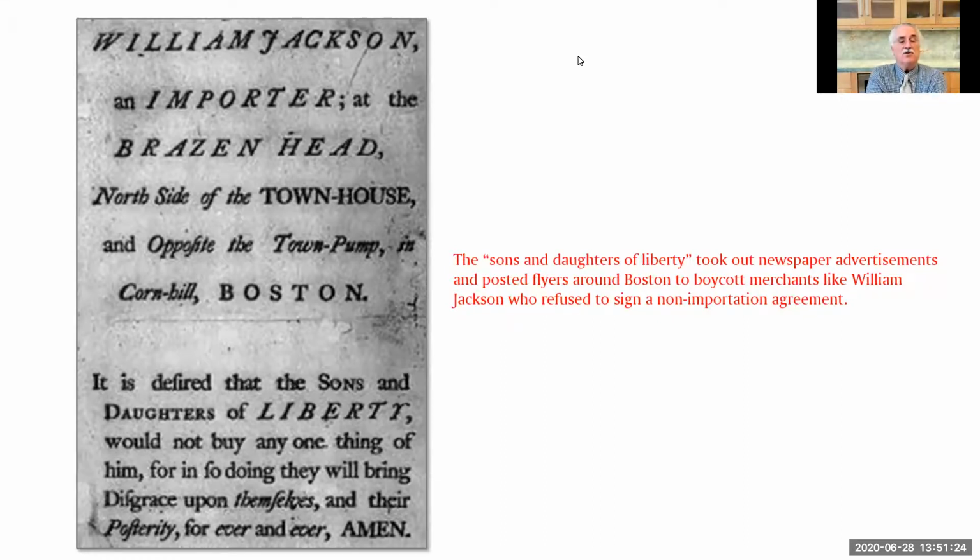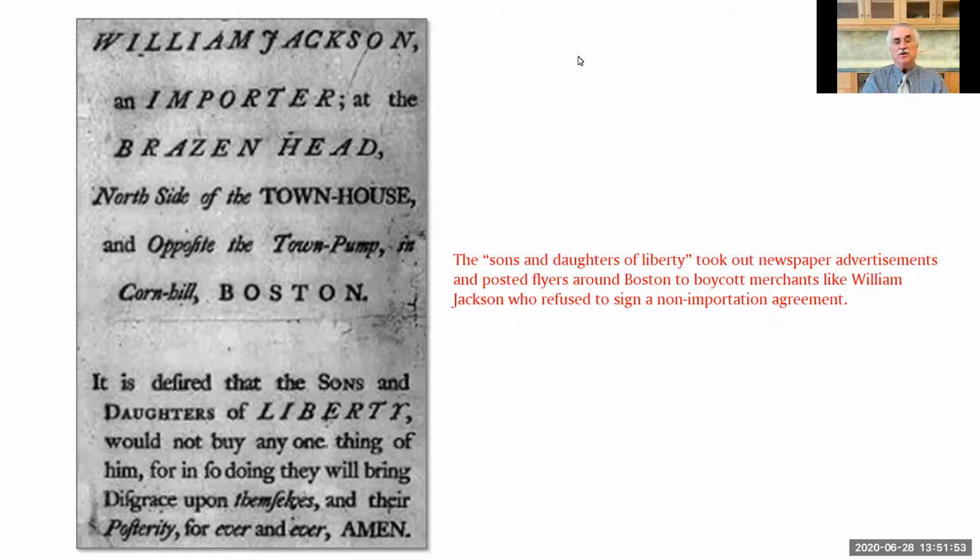The Sons and Daughters of Liberty, as they called themselves, took out newspaper advertisements and posted flyers around the city and the surrounding areas to boycott merchants like William Jackson, who refused to sign a non-importation agreement. So this ad was taken out in the paper. They're sort of shaming this man publicly.